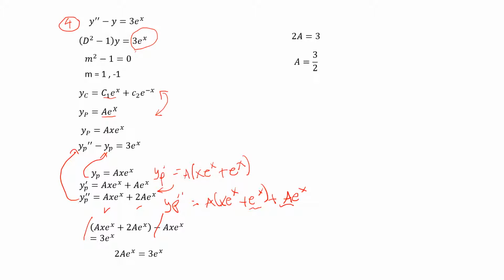Your a is 3 halves. Substituting it again here in yp, we know already the value of a. Then yp is 3 halves x e to the x. Remember that your solution is the sum of the complementary and particular solution. This is our complementary solution, so you'll have to plug it there. Y equals c1 e to the x plus c2 e to the minus x plus 3 halves x e to the x.